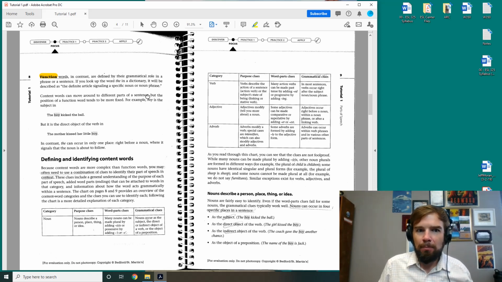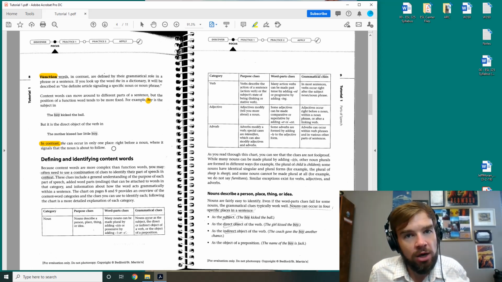For example, boy, remember content word, noun, content word has meaning by itself, is the subject in the boy kicked the ball, but it is the direct object of the verb in the mother kissed her little boy, right? So here boy's at the beginning, here boy's at the end. In contrast, the can occur in only one place right before a noun, where it signals that the noun is about to follow.